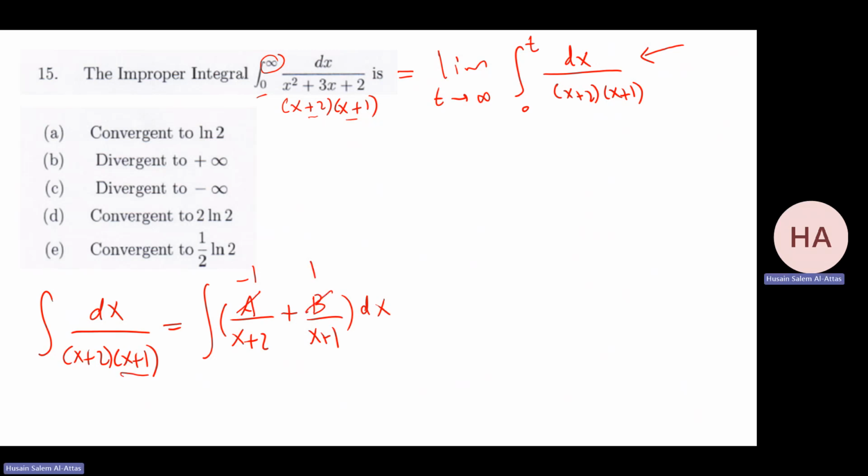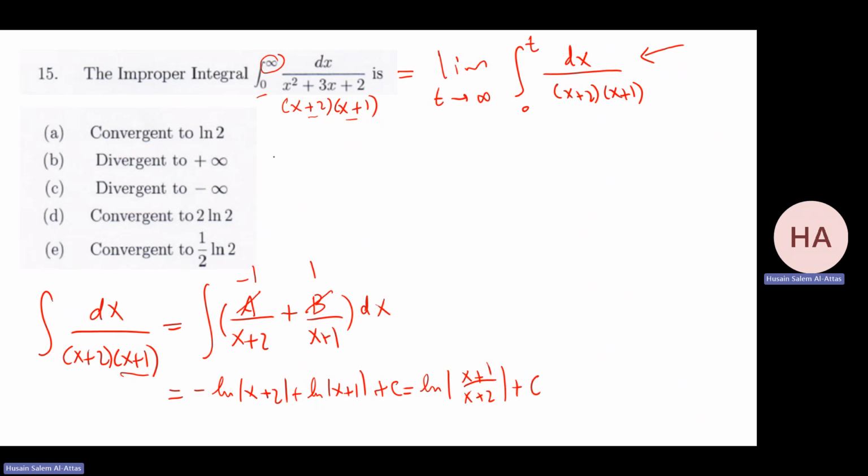Check: that is minus x plus 1 plus x plus 2, which will be 1. Yes. So I have actually minus ln of x plus 2 plus ln of x plus 1, which is ln of x plus 1 over x plus 2, plus c.